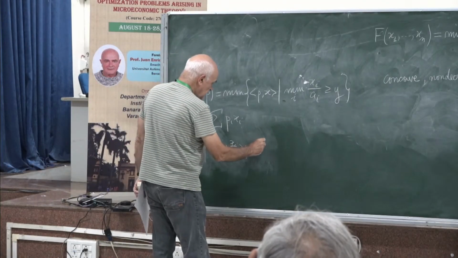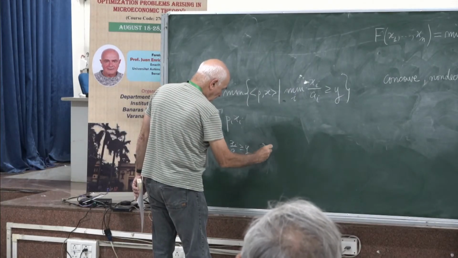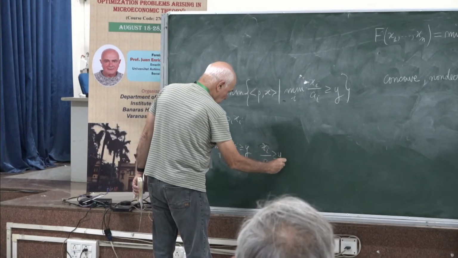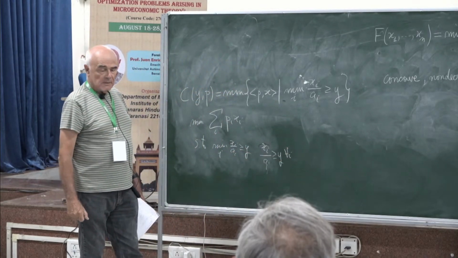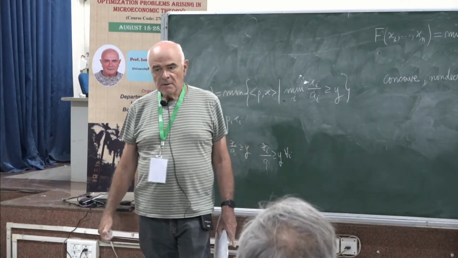But this is the same as saying xi divided by ai greater than or equal to y for every i. The minimum being greater than y is the same as saying every one is greater than y.